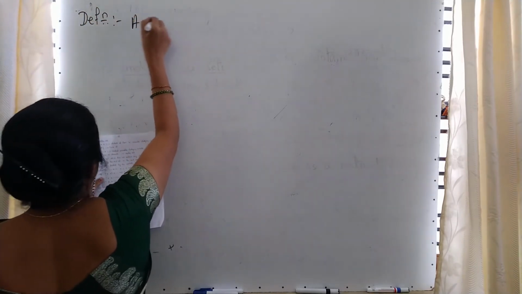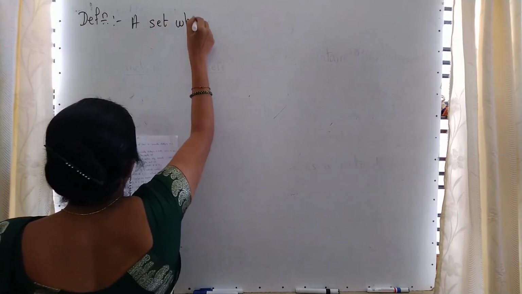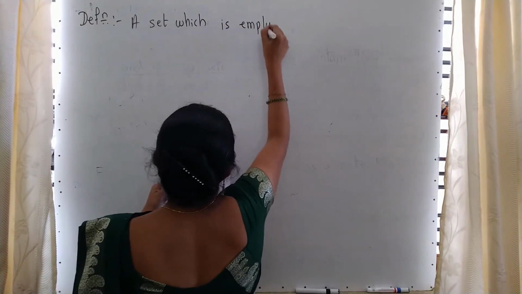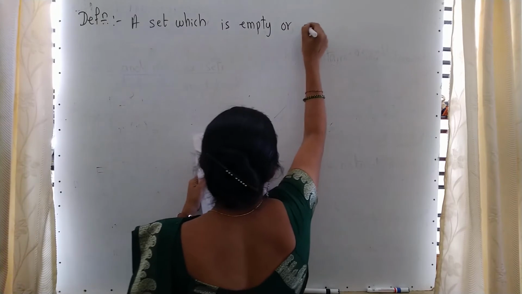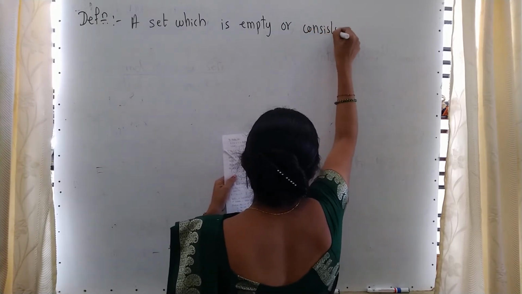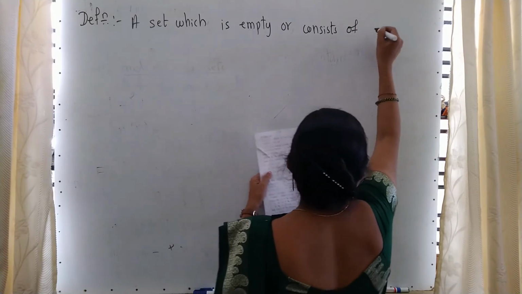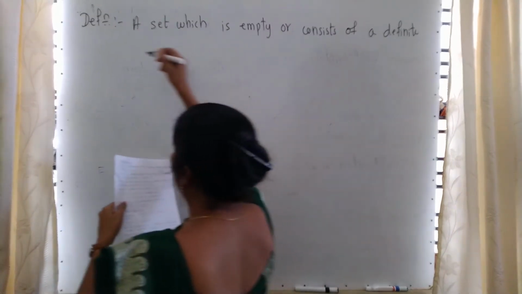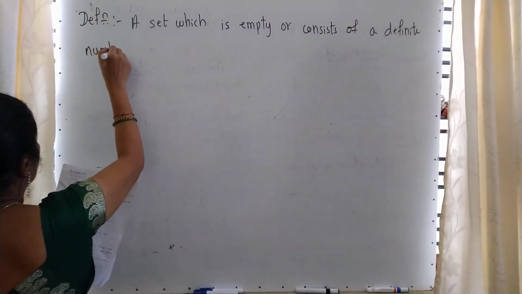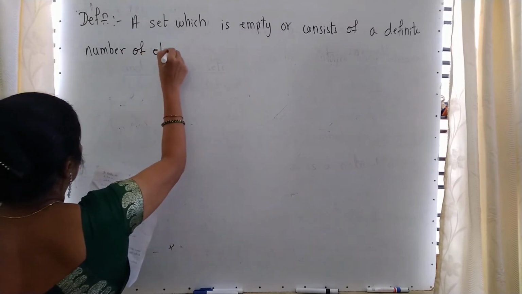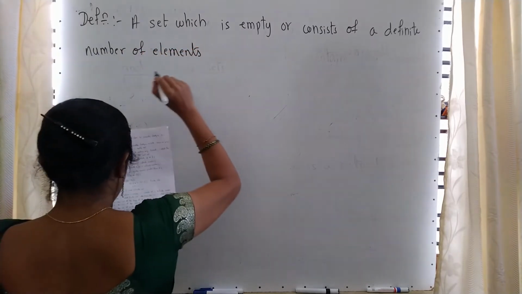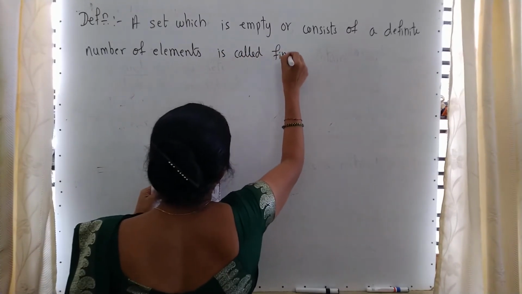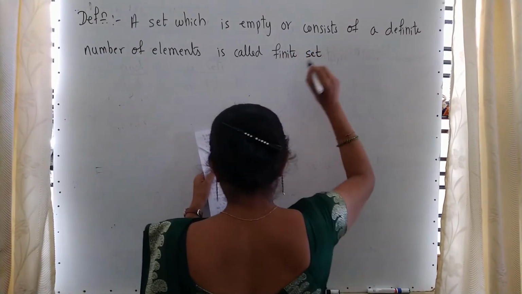A set which is empty, mark this, which is empty or consists of a definite number of elements is called a finite set.